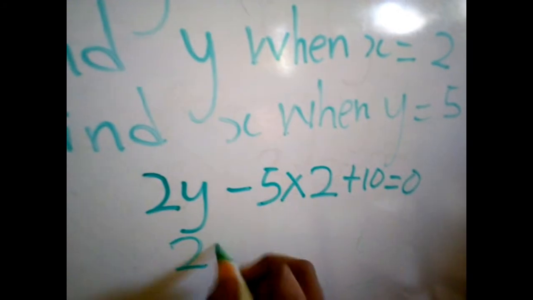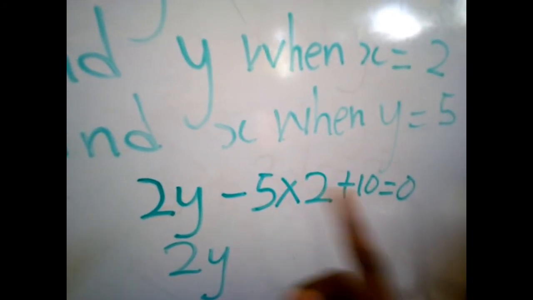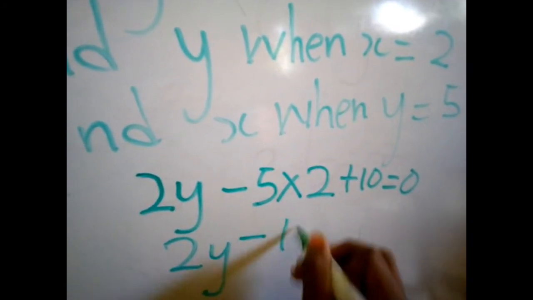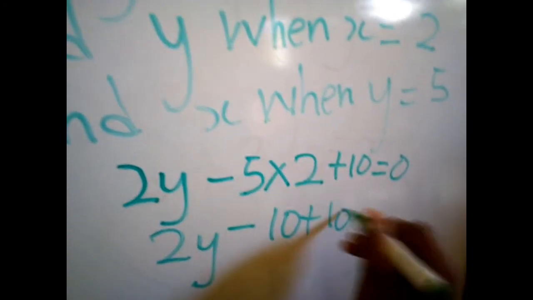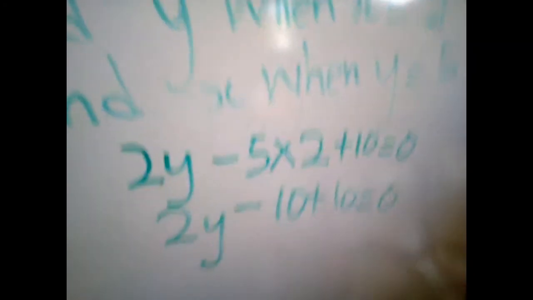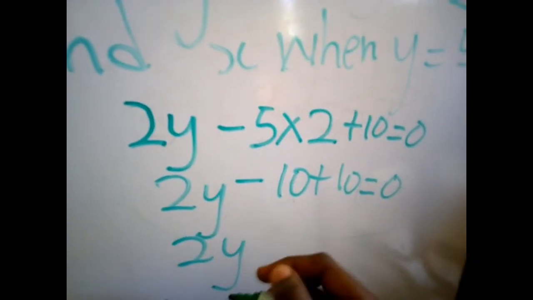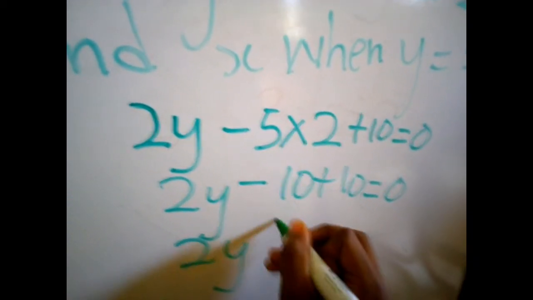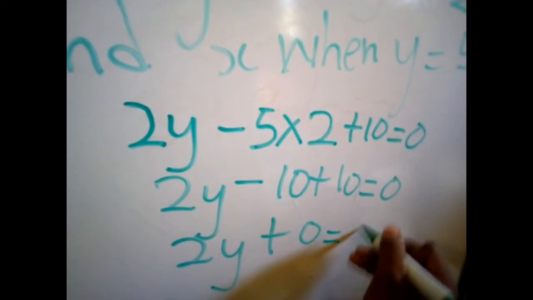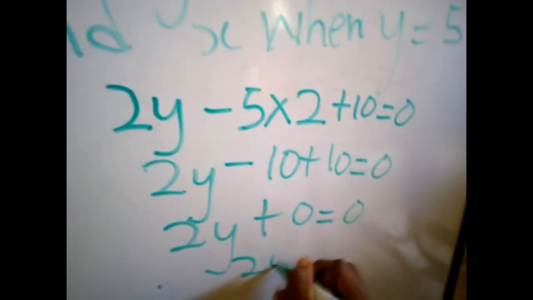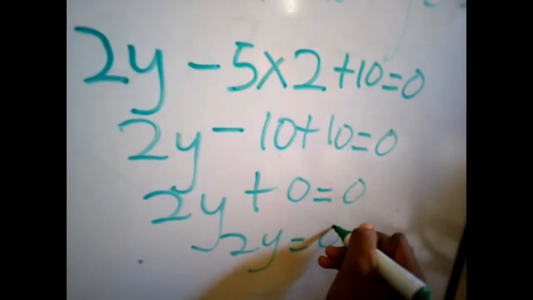So you're going to get 2y, negative 5 times 2 is negative 10, plus 10 equals 0. Negative 10 plus 10 is 0. So 2y is equal to 0.